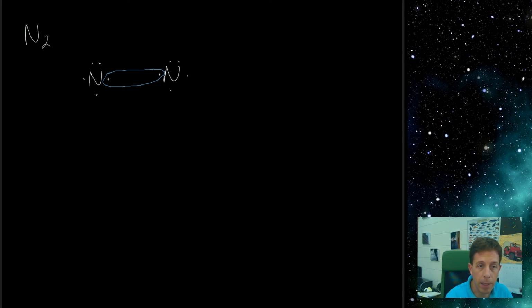But now we see that we have these other 2 lone electrons right here, so like we did before, we can bring these into the bonding region, and that way each nitrogen has 8 electrons that it's sharing with the other nitrogen atom.